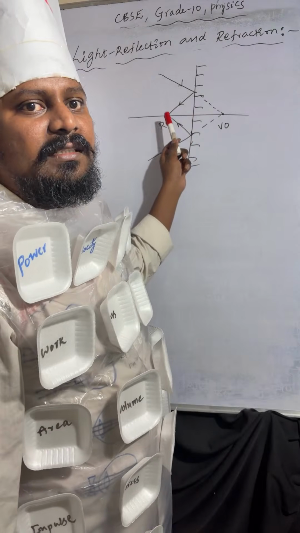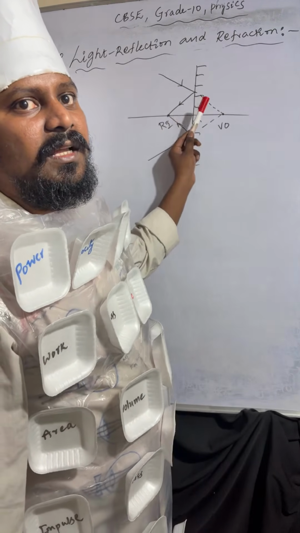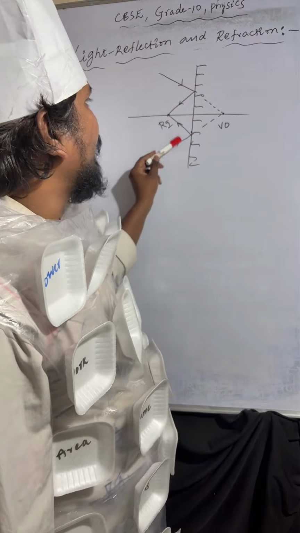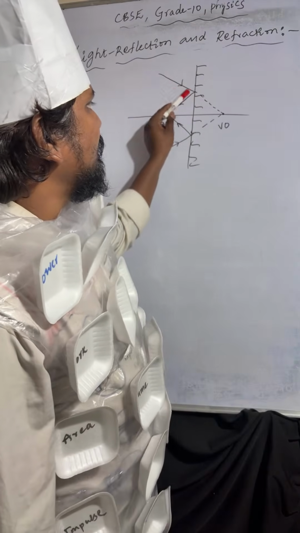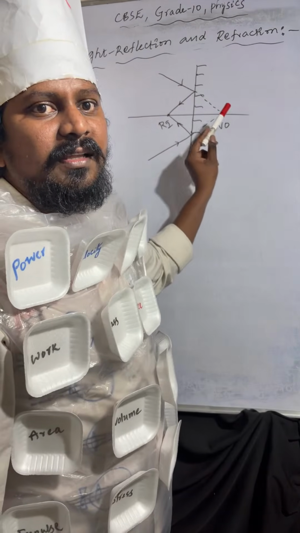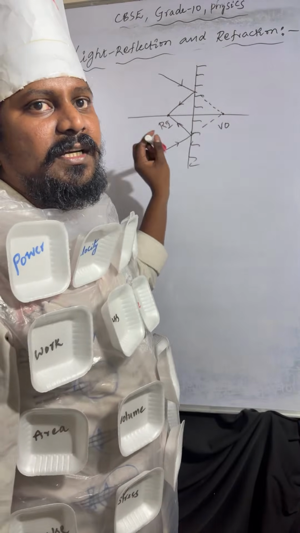Reflected light rays are meeting directly, so their image is forming, that is a real image. The point of intersection of extended incident light rays, they are meeting at one point, that is a virtual object. Virtual object and real image.